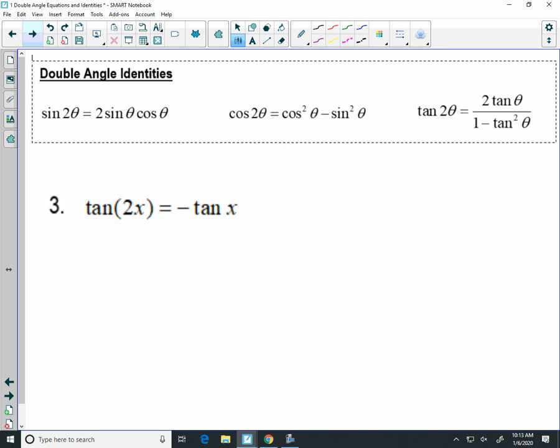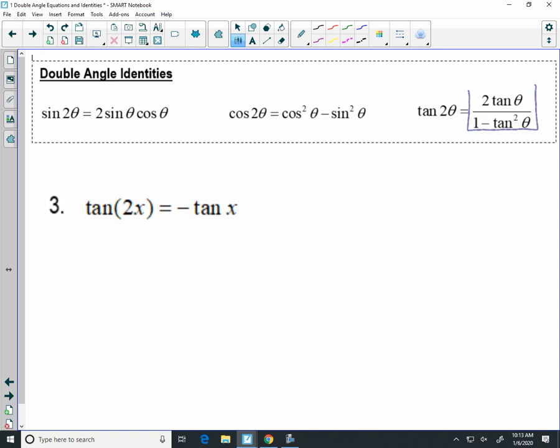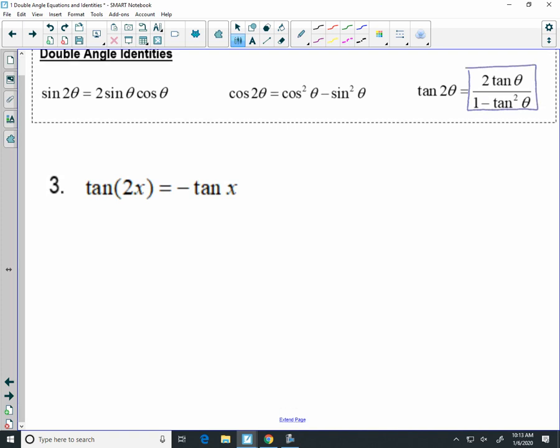we got to do a tangent. Of course, when we expand for tangent of 2x, it's going to make a fraction, because tangent always makes a fraction. So I'm going to put that in right here.